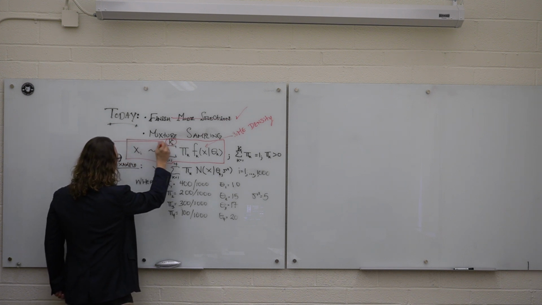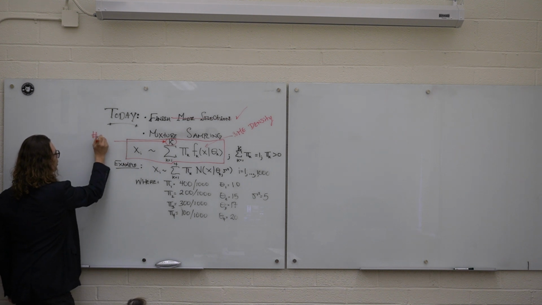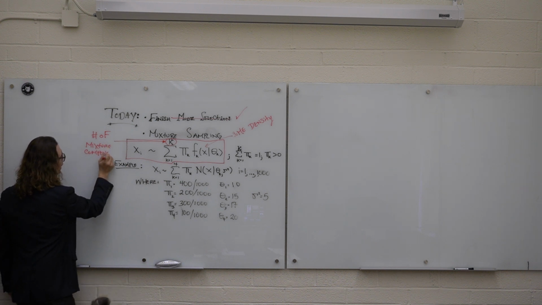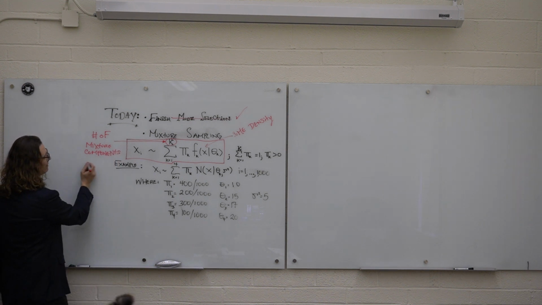I'm going to say this is the number of mixture components. And I'm going to cheap out on this version of the lecture, and I'm going to say this is known. So we're going to assume it's known.